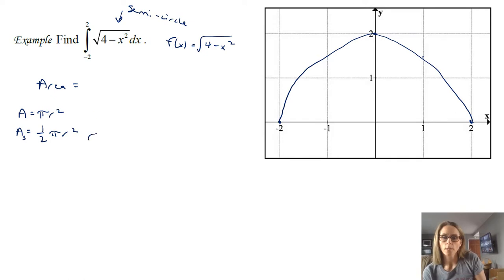And in our case, we can see that r is 2. So the answer to this is 1/2 pi times 2 squared, or 1/2 times pi times 4, or 2 pi.